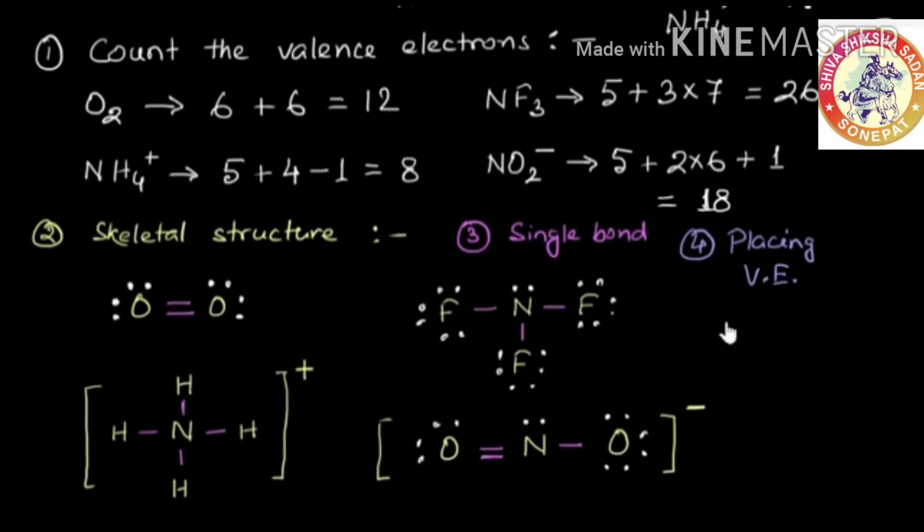If it carries a positive charge, then subtract; if it carries a negative charge, then add the number of electrons. The second rule is to draw the skeletal structure. The third is to draw single bonds, and the last rule is to place all the valence electrons on the atoms of the molecule.